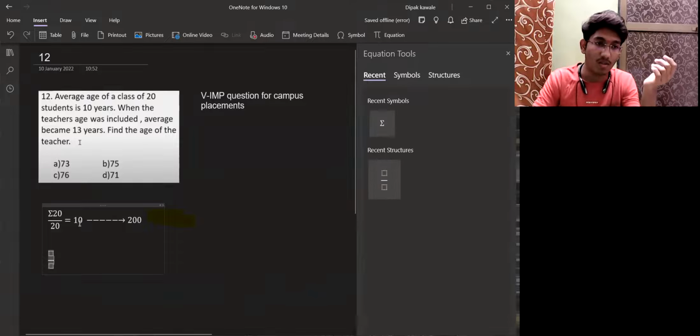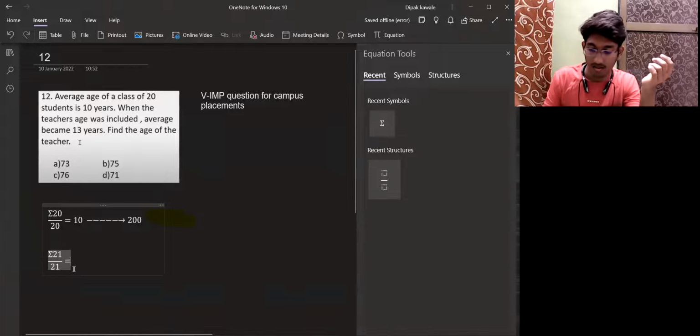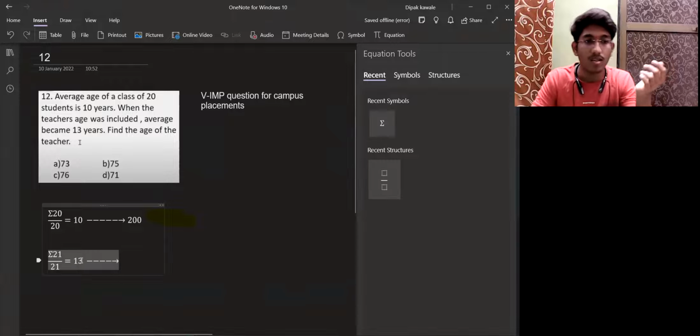So the sum of those 21, the average is 13. Now the sum of 21 is 13 into 21. Correct.